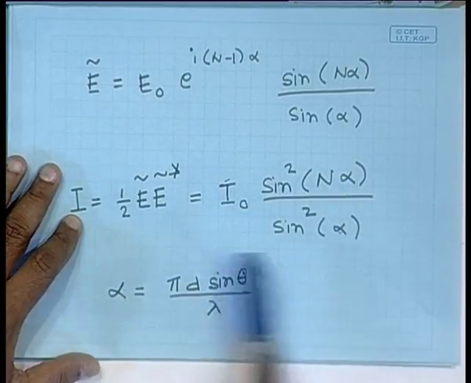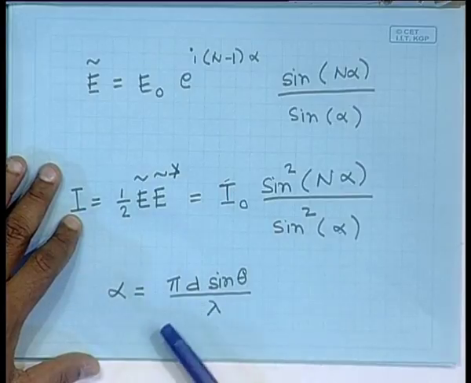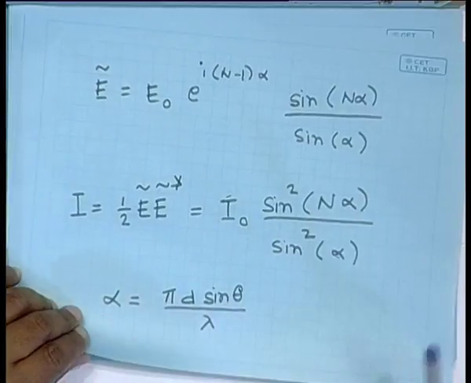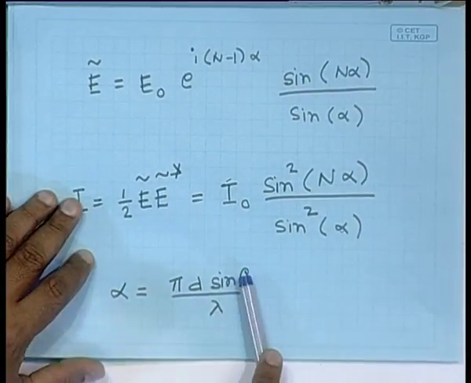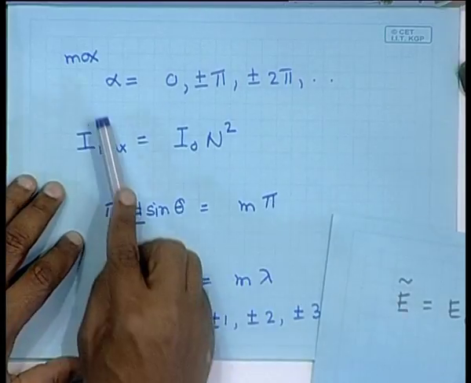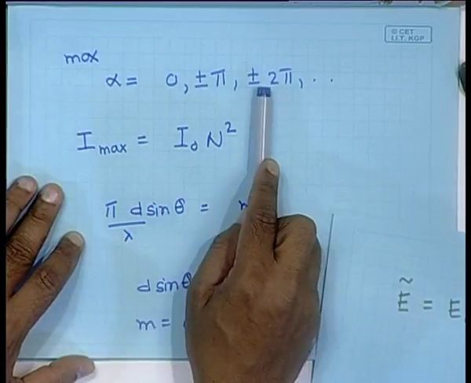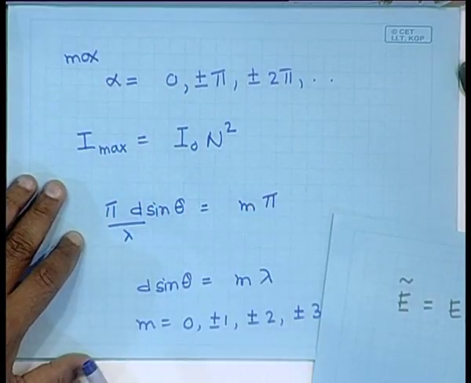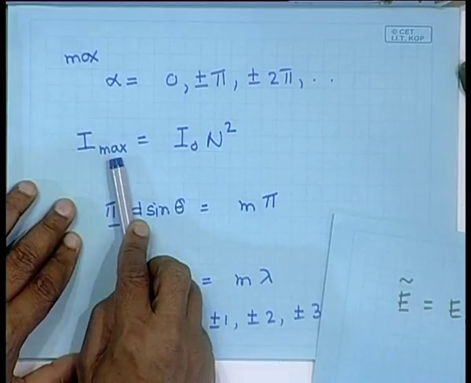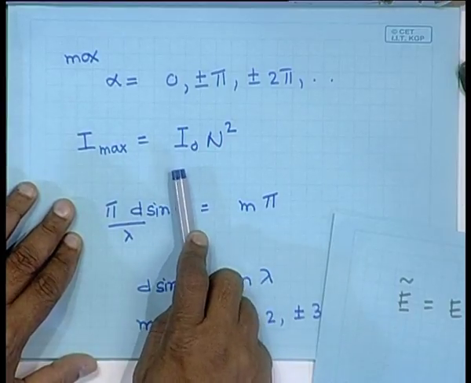These are the maximas of this intensity. So, there will be certain directions at which the intensity will be maxima. These values of theta correspond to alpha equal to 0, plus minus pi, plus minus 2 pi, etc. In these directions, the maximum value is I naught n squared.